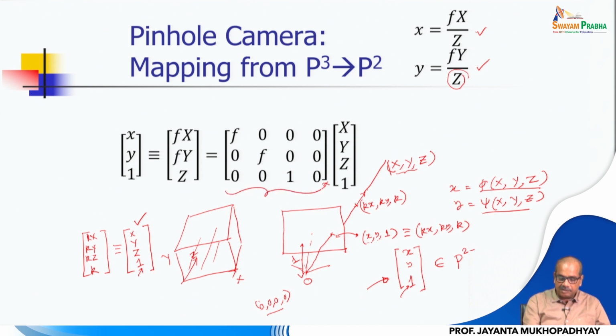This is a 3x4 matrix which is multiplied with the respective 3D point expressed in homogeneous coordinate system, which becomes an element of the 3D projective space. Then, when we multiply, the first row gives fx, f multiplied by x, the second row gives fy, and the third row gives z.